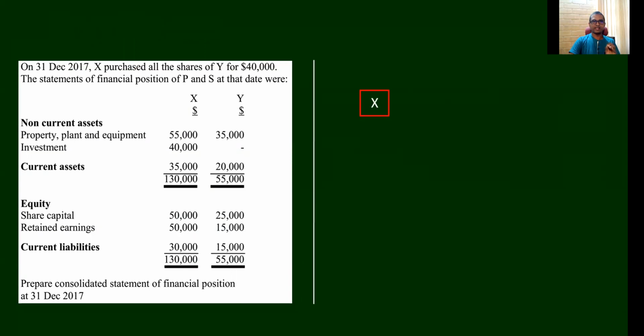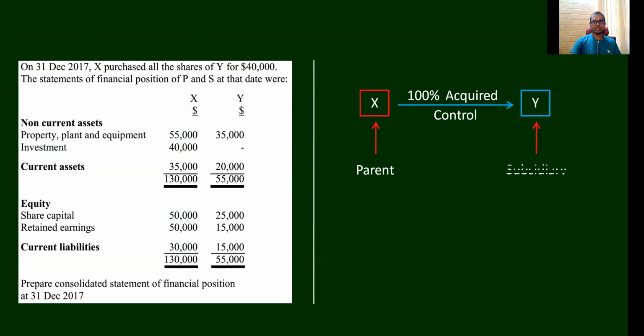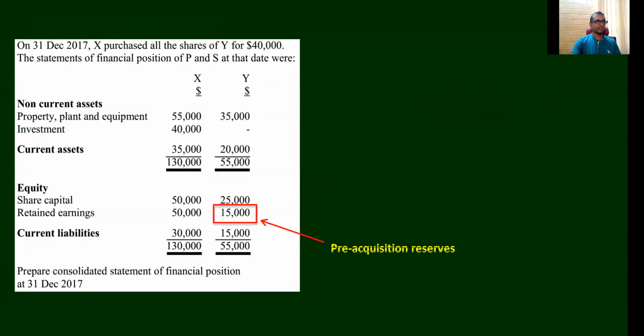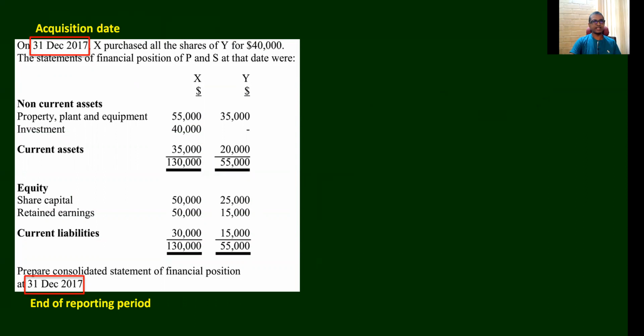X company has acquired Y here, right? And X purchased all the shares of Y, that means 100% acquisition. It gives you controlling power. X is called parent, Y is called subsidiary. Okay, if you move on to the calculation, again you have to note the acquisition date and end of reporting period. Here also they are the same.